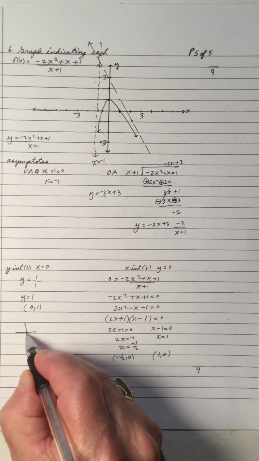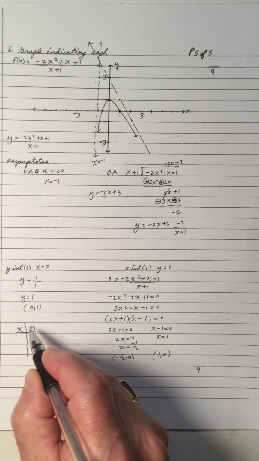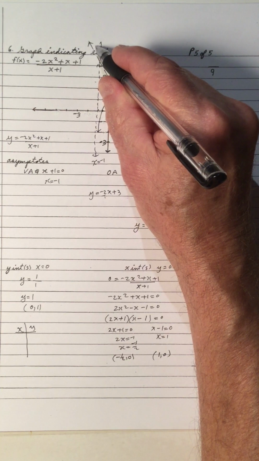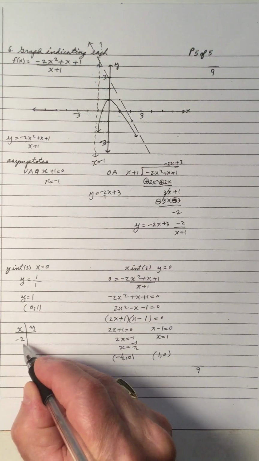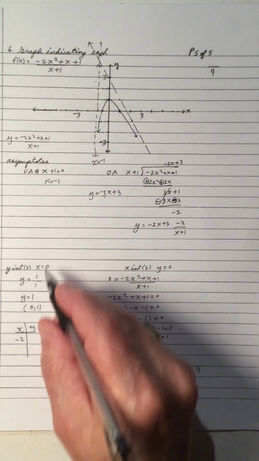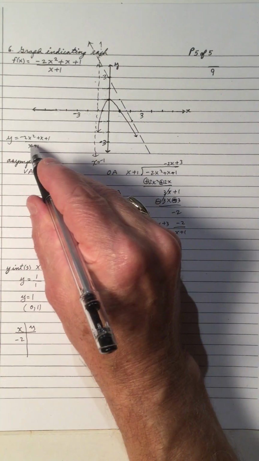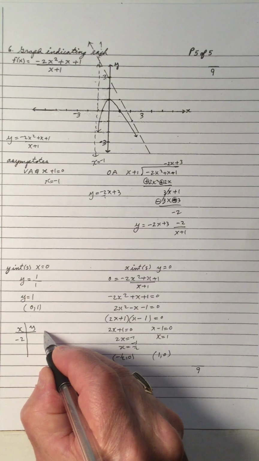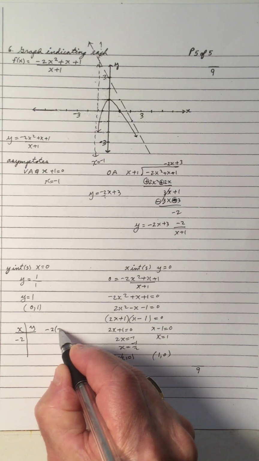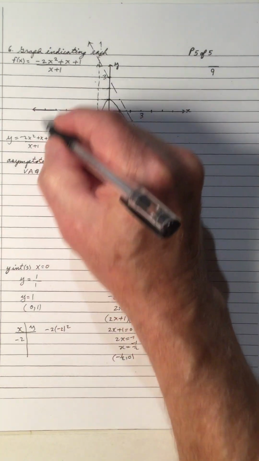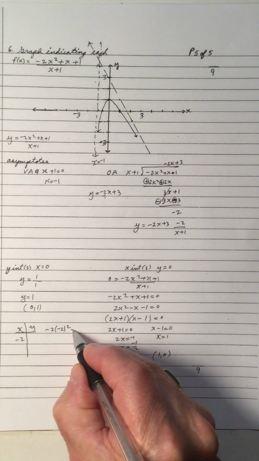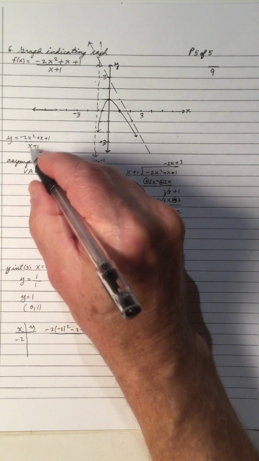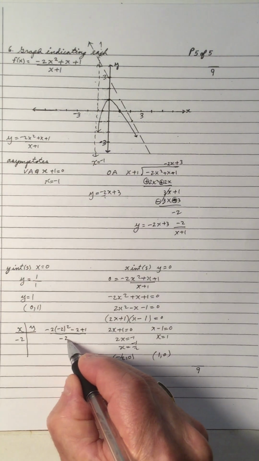So let's check to see. This is negative 1. Let's check with negative 2 to see what's going to be up here. x is negative 2. Plug that into this equation. So I'm going to plug it in right here. So we got a negative 2 squared, and I have x is negative 2 plus 1, all over x is negative 2.